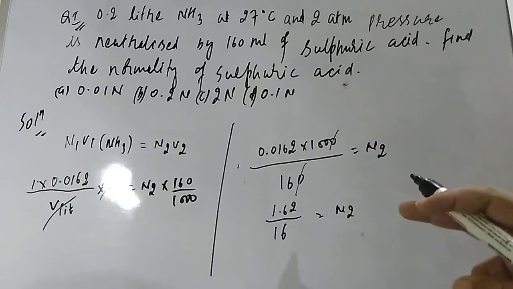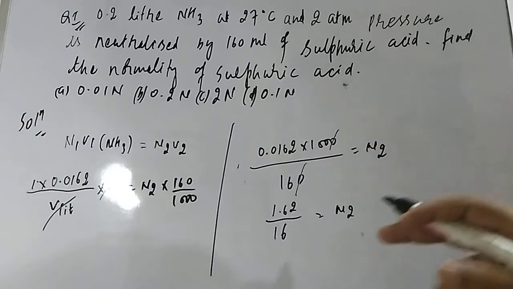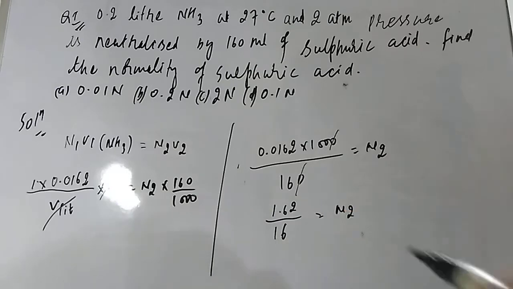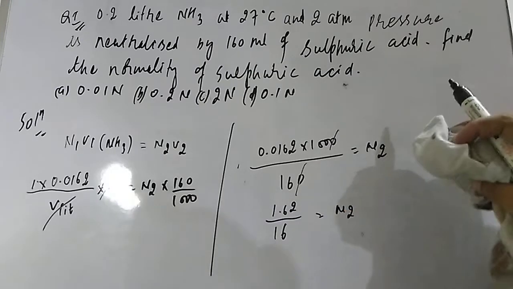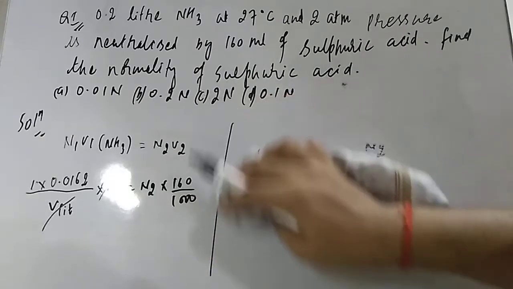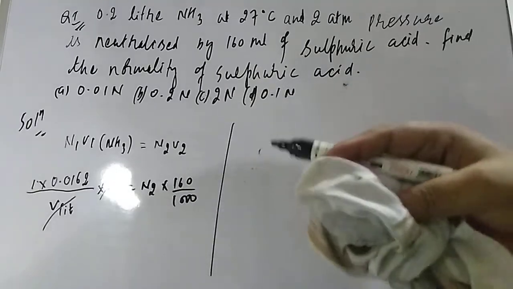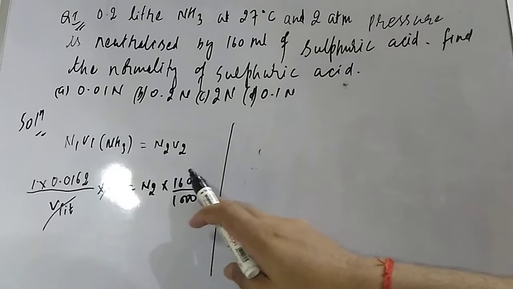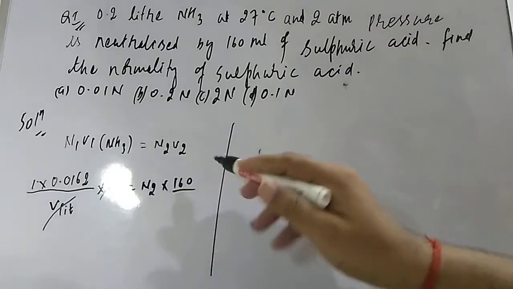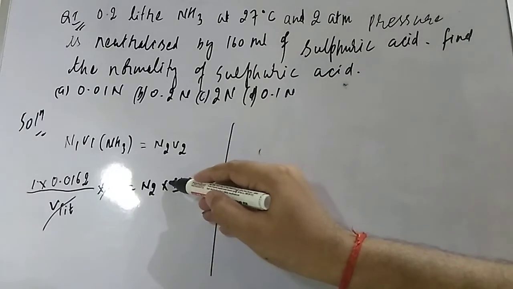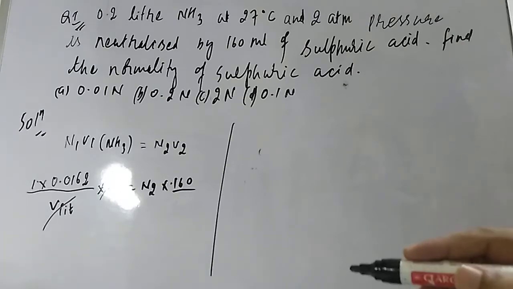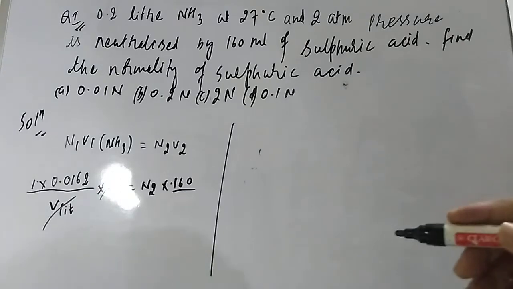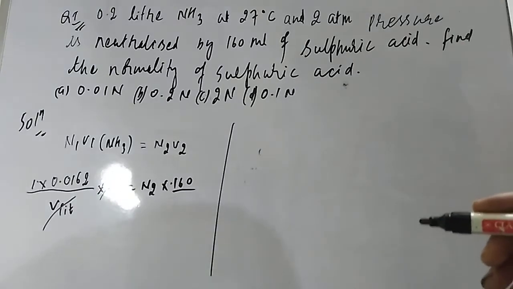So N2 you are getting. Simply you do it in a very simplistic way: 160 ml is there, so you divide by 1000 and you will get 0.16.